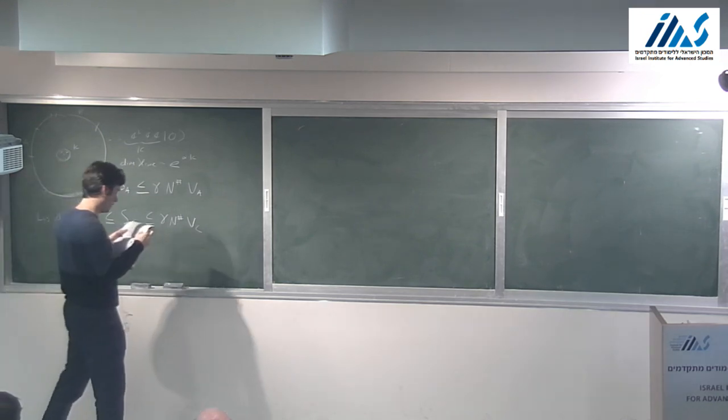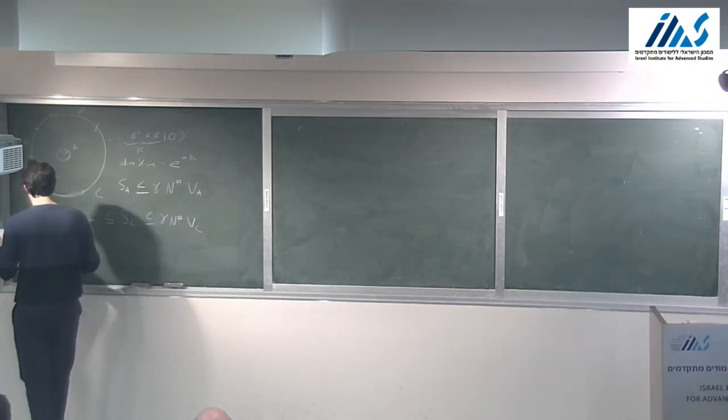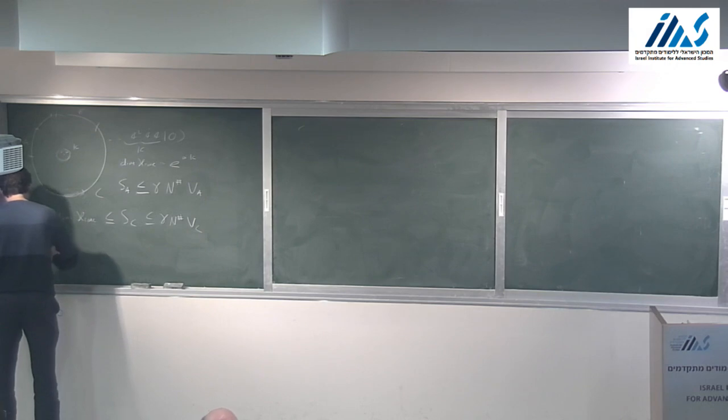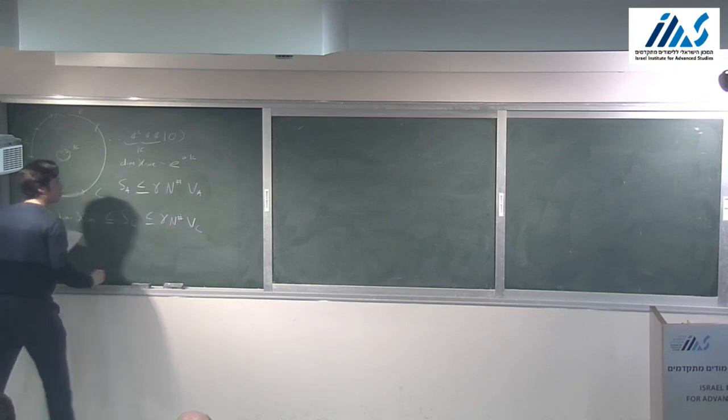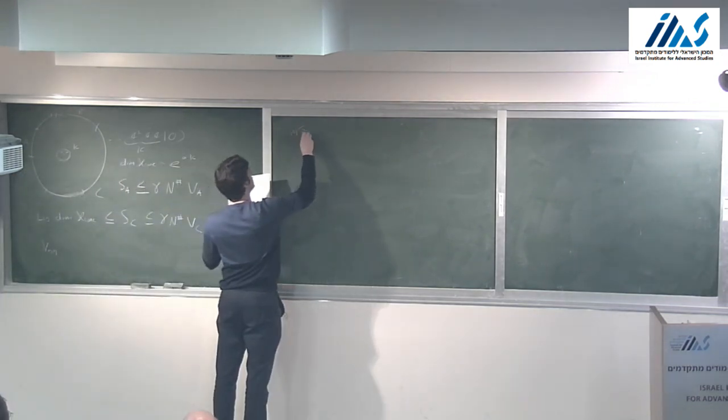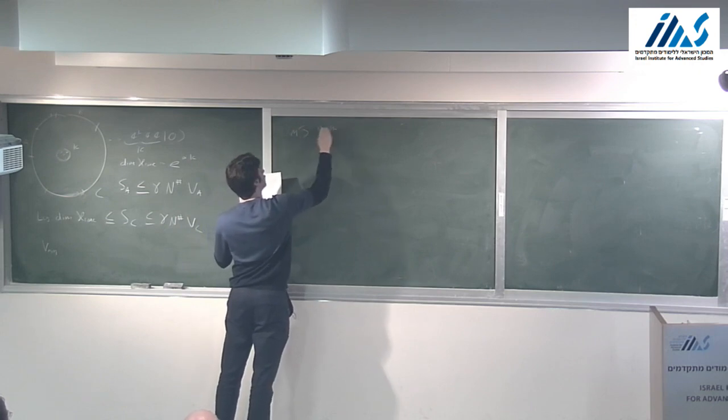Now let's say that V min is the smallest volume of a ball that I need to recover the information. So what the singleton bound tells me, remember, I erased it, but it said that m had to be greater than n plus k over 2.